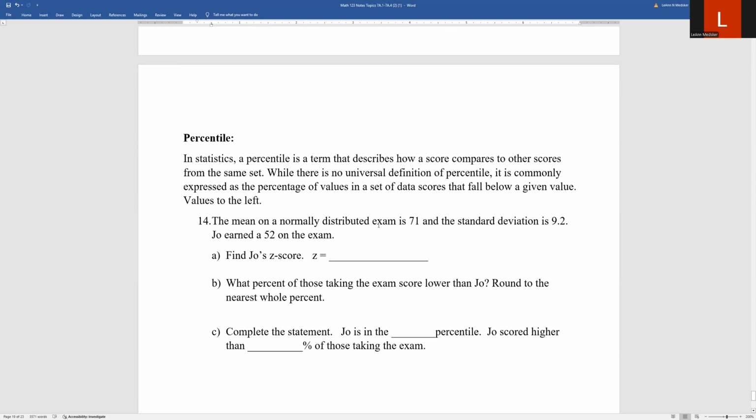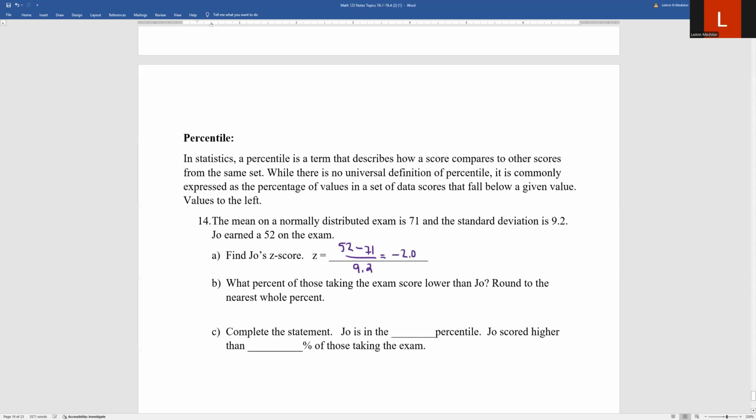So if the mean on a normally distributed exam is 71 and the standard deviation is 9.2 and Joe earns a 52, let's find Joe's z-score. So 52 minus 71 over 9.2. We're going to find where Joe ranks. Now notice, this is not the actual percentile. This is the z-score.